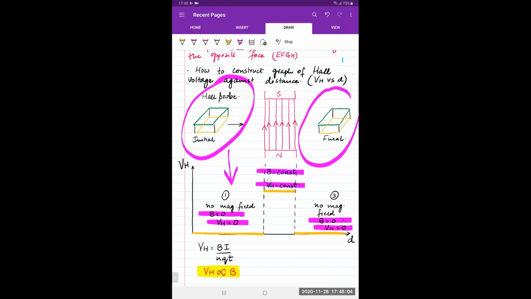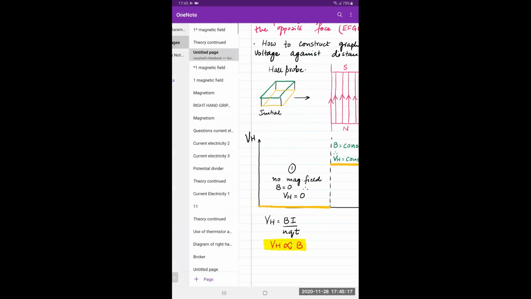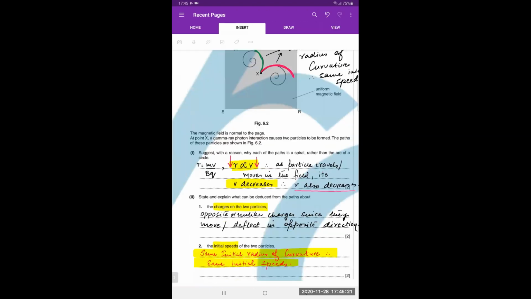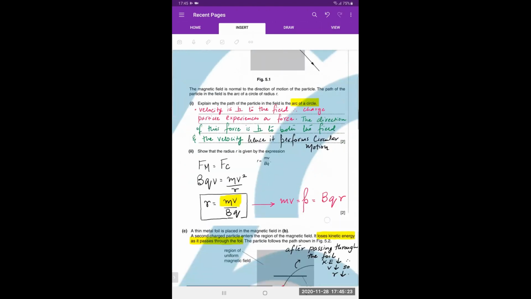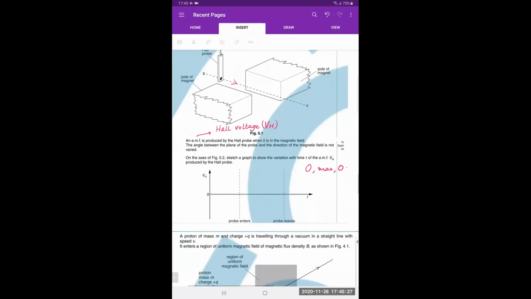So if you are okay with this, I'll erase these highlighted diagrams, it has become a bit untidy. And I'll directly move on to the shape of the graph. It should be appearing in front of you.